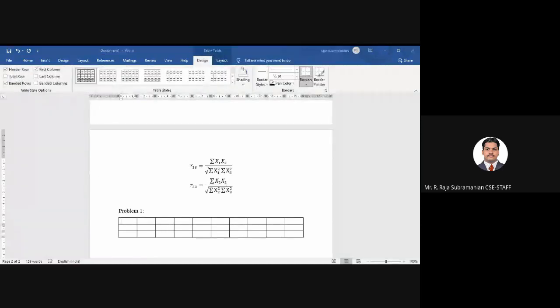I have x1, x2, x3 ready, and the values of x1 are 20, 15, 25, 26, 28, 40, 38. We can give the values randomly also.